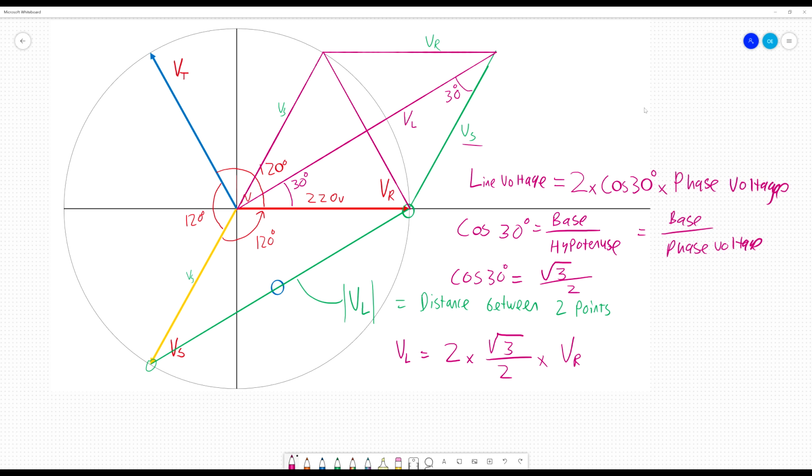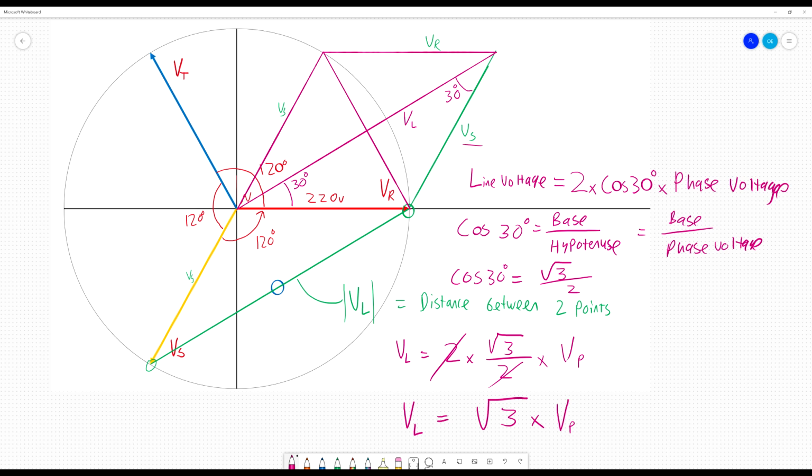Well, that's interesting, because we can cancel these 2's out. So VL equals root 3 multiplied by VP. I keep writing VR there, don't I? That's not very good of me. Let's make that VP.